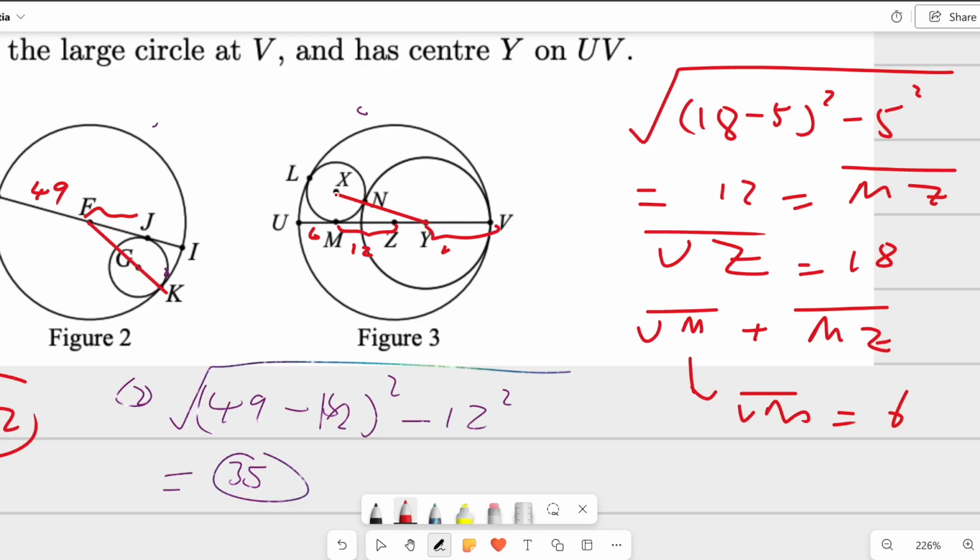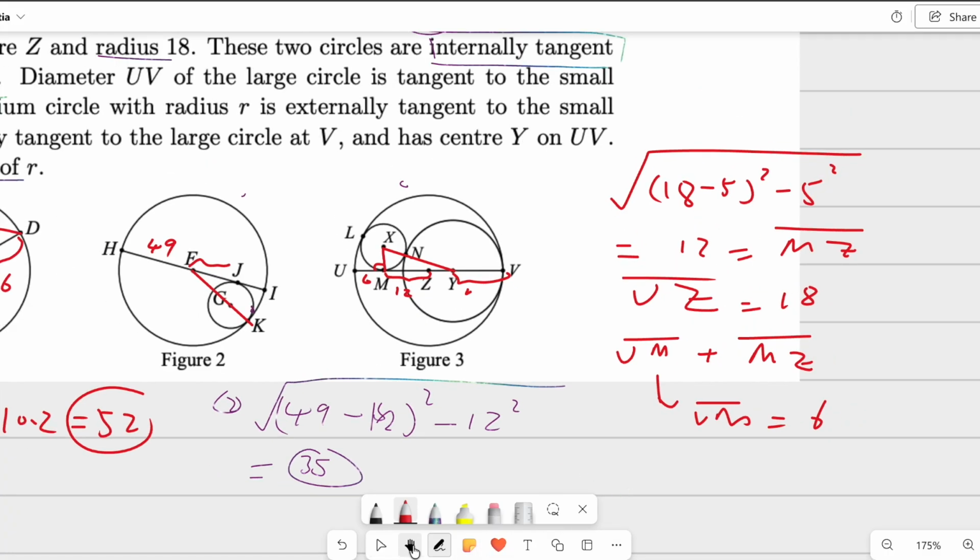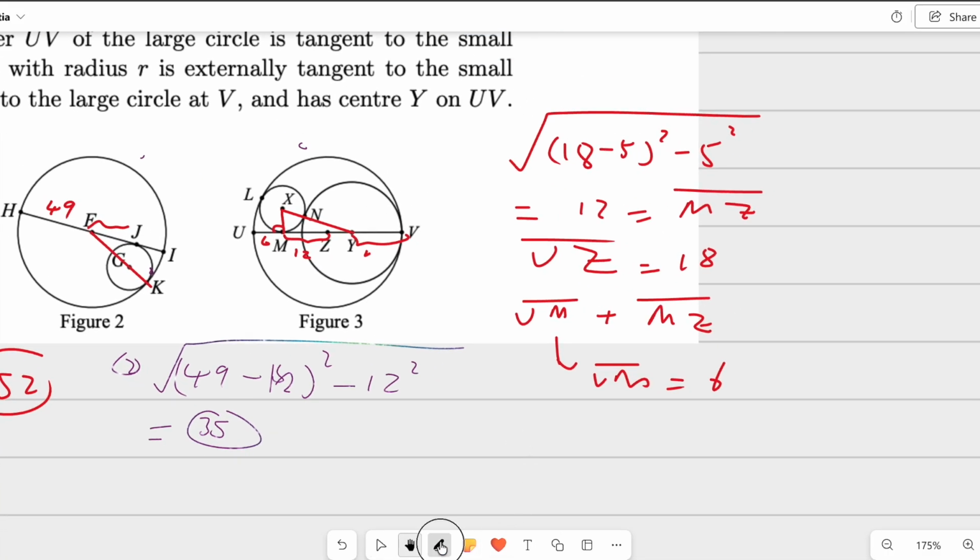We connect X and M to create a right angle triangle. Then we can create an algebra system that includes R, and we just need to solve for R and we find our answer.